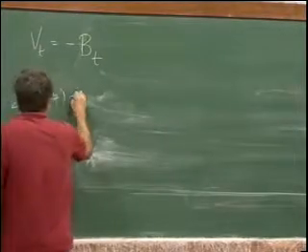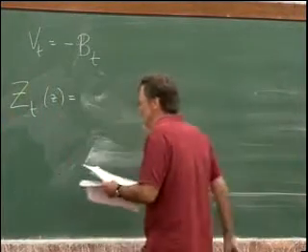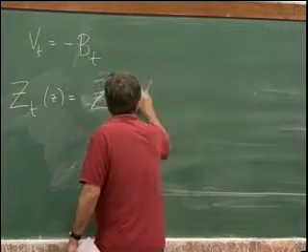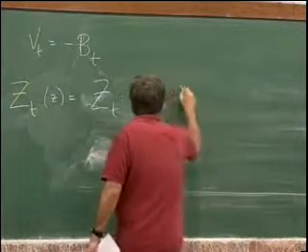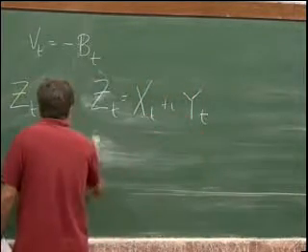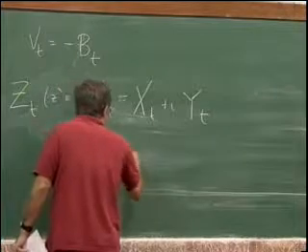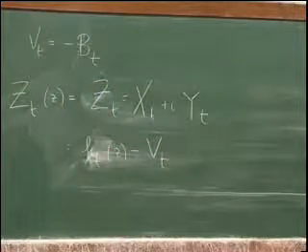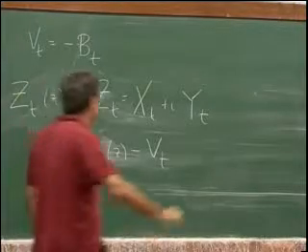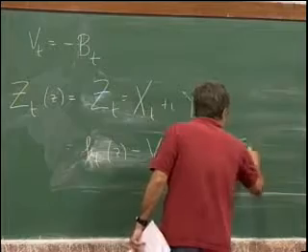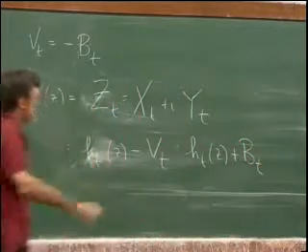If I have a point in the upper half plane, I let Z_t(z), which I'll sometimes write as just Z_t, and I'll write it as x_t plus i y_t. And it's h_t(z) minus V_t, or h_t(z) plus V_t.